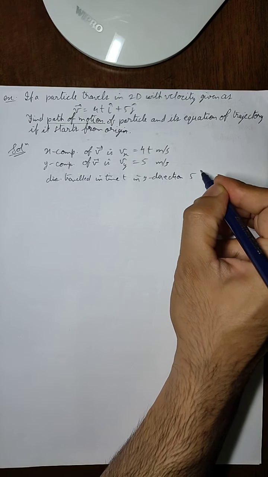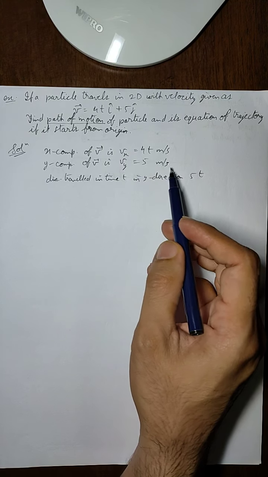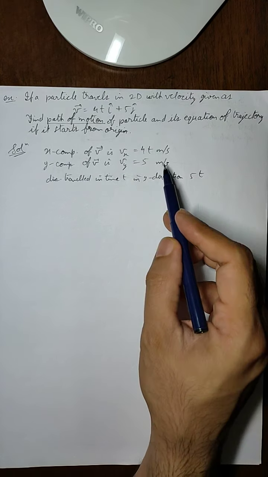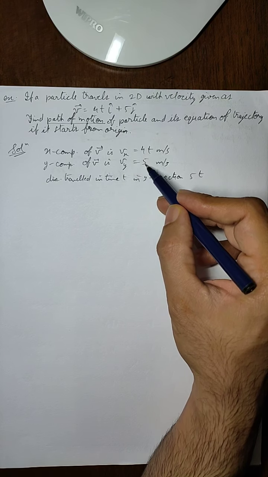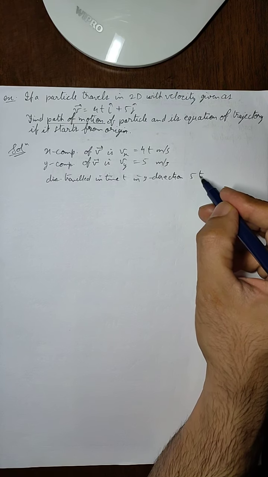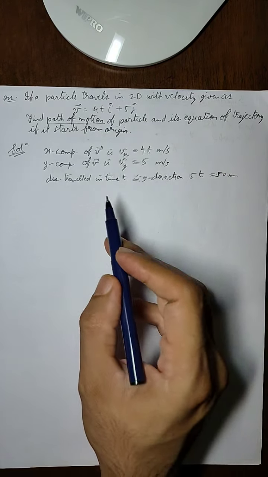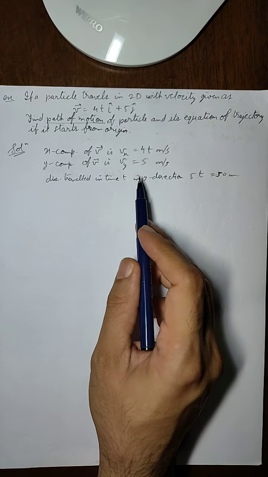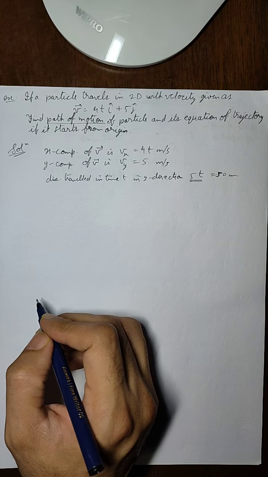If we say that the velocity is 5 meter per second and the body is moving for 10 seconds, then the distance will be velocity into time, so 5 into 10, which is equal to 50 meters. So we can write that the distance traveled in the y direction is given by y equals 5t.